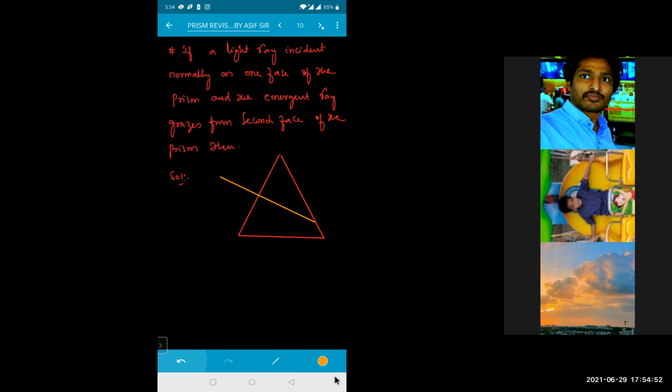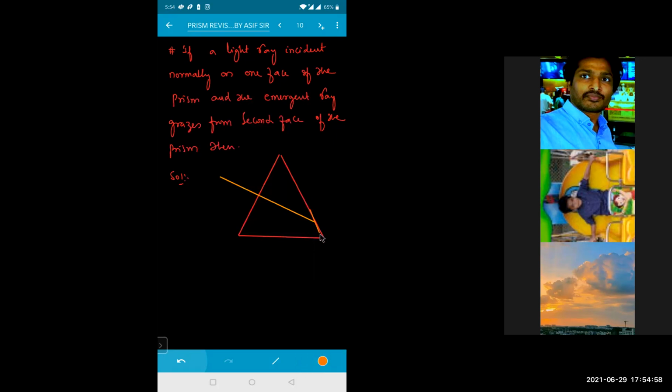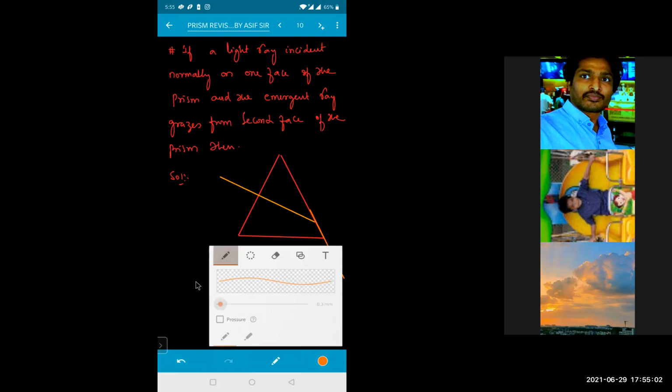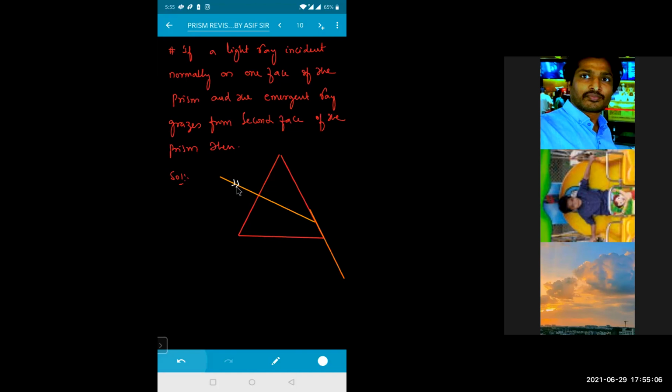And R2 is the critical angle C, because it's grazing here. If I'm writing along the normal, this will be the critical angle C and this will be 90 degrees. This 90 degrees will be I2, and here I1 will be 0, and R1 will also be 0.